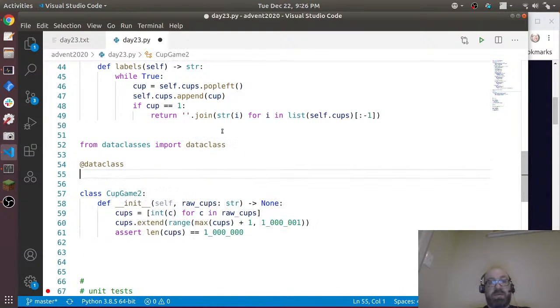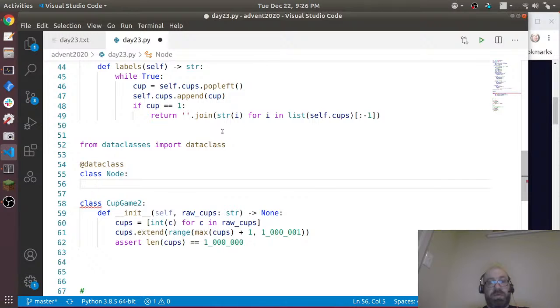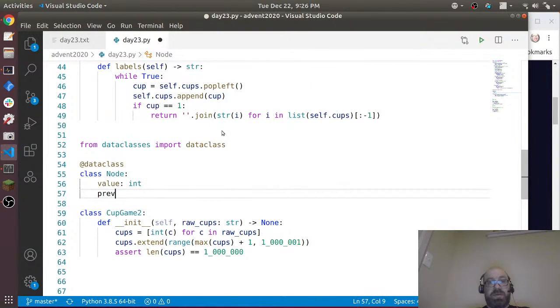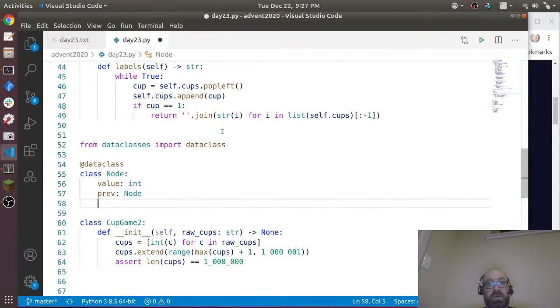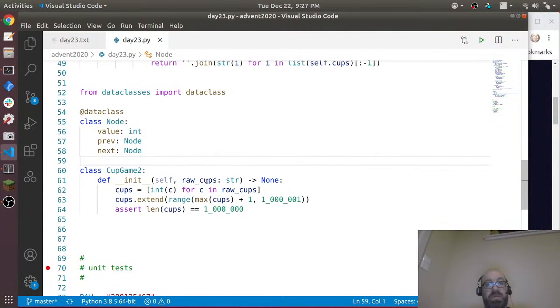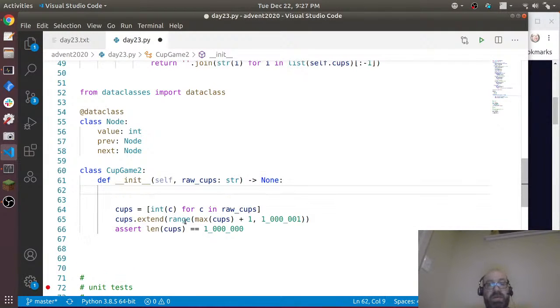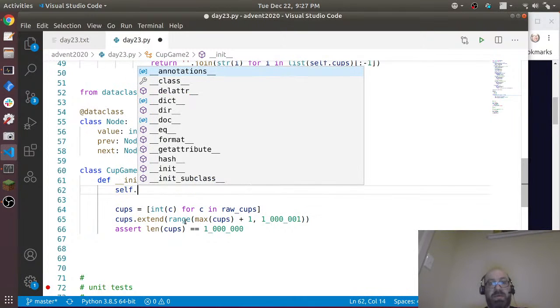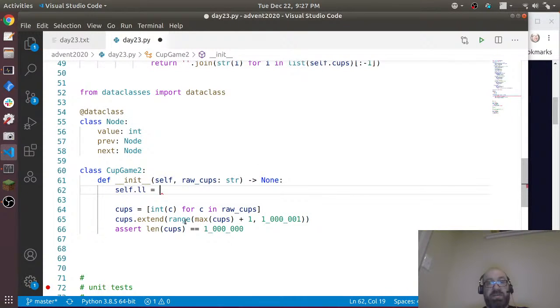Data class, class Node, and let's say value is an int, previous is a Node, and next is a Node. Okay, and so what I want to do is start with this and say self.ll.